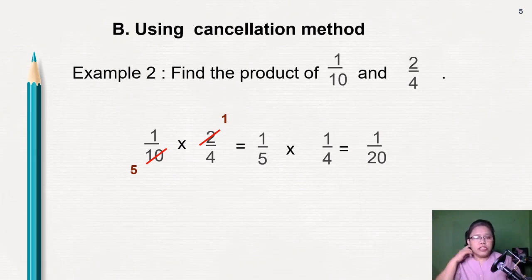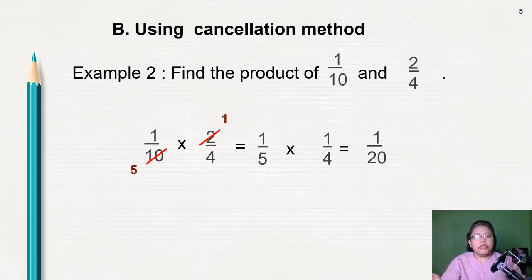Kasi kung tinimes natin yan agad, ang original natin na fraction dyan ay 1/10 times 2/4. Kung tinimes natin kaagad yan, pwede rin. So, 1 times 2, that's 2. 10 times 4 is 40. Kaya lang, ang sagot mo is 2/40. So, kailangan mo siyang i-reduce to lowest term.